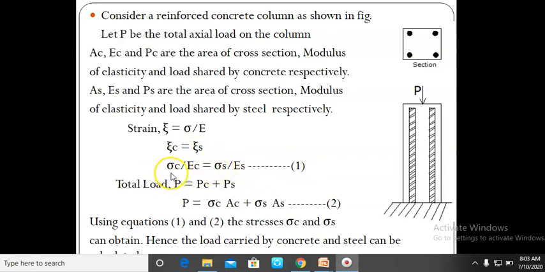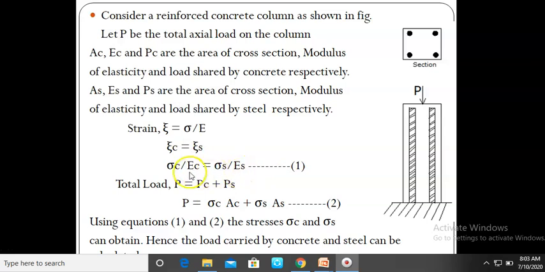From this we can write sigma C in terms of sigma S: sigma C is equal to sigma S into EC by ES, or sigma S is equal to sigma C into ES by EC, where ES by EC is the ratio between Young's modulus of steel and Young's modulus of concrete, which is called the modular ratio of the materials.